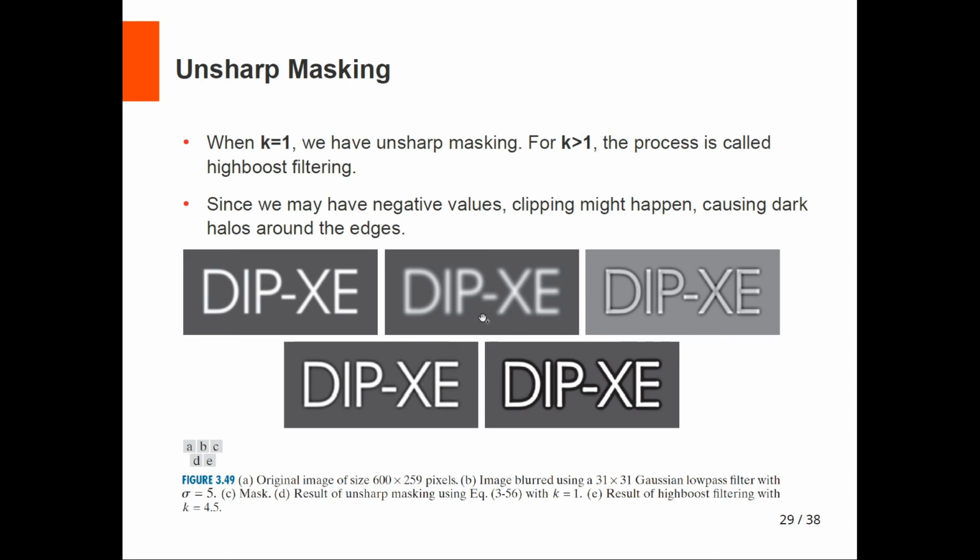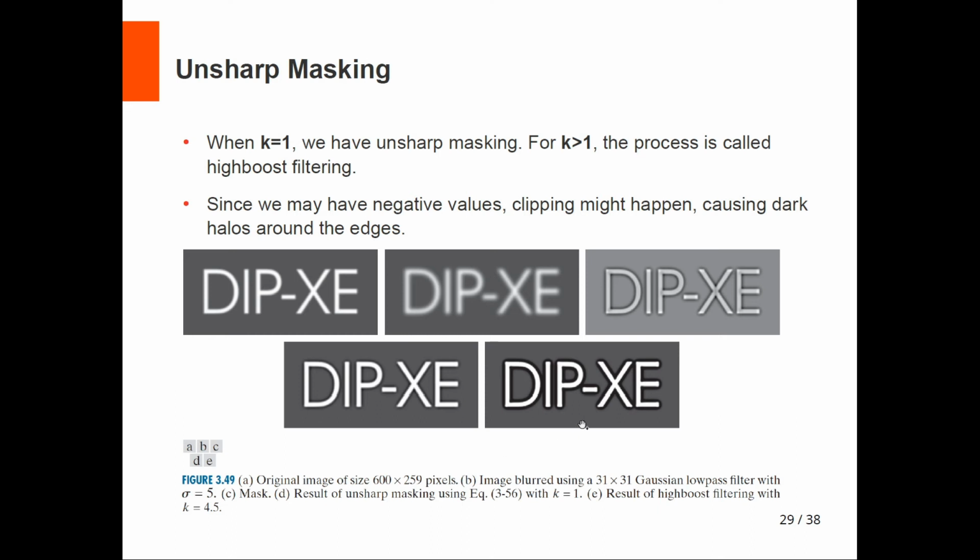By subtracting this blurred version from the original image, we get the unsharp mask, and now if we sum this unsharp mask with the original image, we get this result, which is the result of unsharp masking. For the unsharp masking, we used a value of k equals 1.